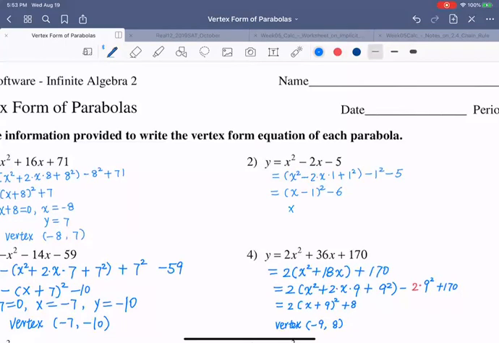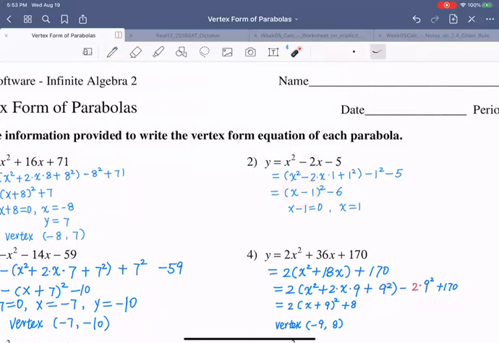Negative 1. No, you want to make this guy equal 0. X plus 1. You always want to make this thing equal 0 first, and then you solve your x. That makes sense? So this part is 0.